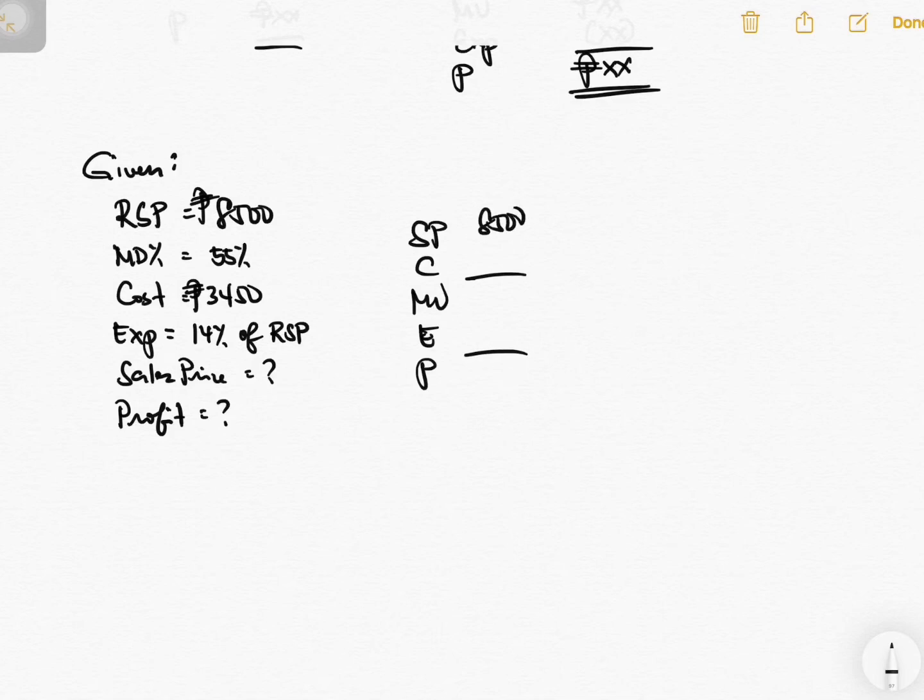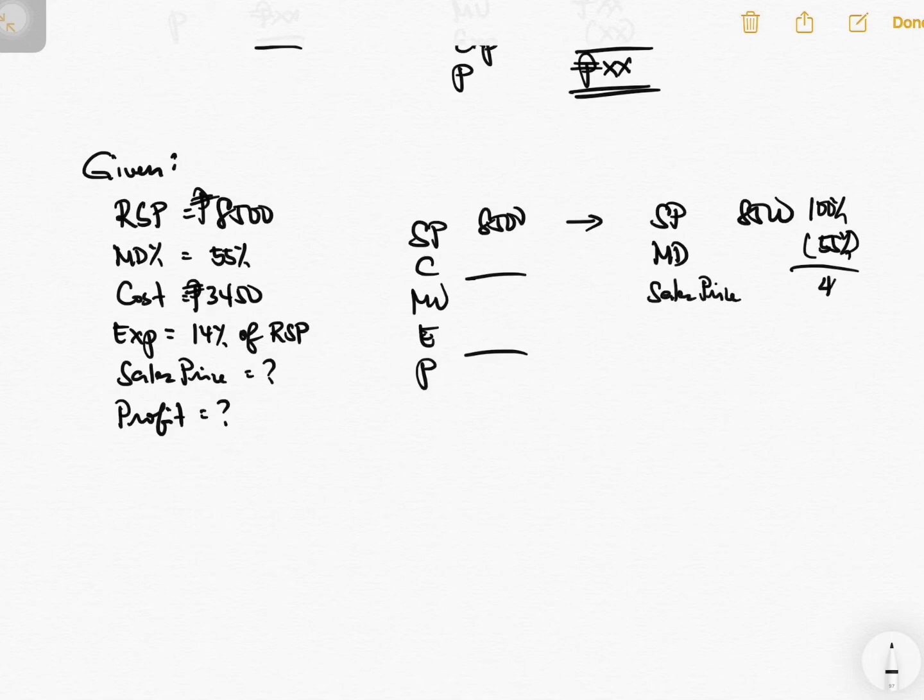So right away you are given the regular selling price. So you may go ahead and write here. What's the markdown? Markdown is 55%. If this is 100%, this 55. The sales price is 45%.